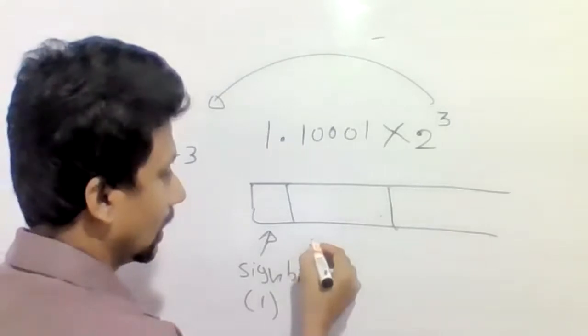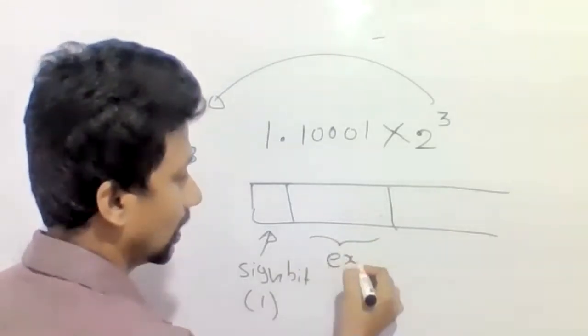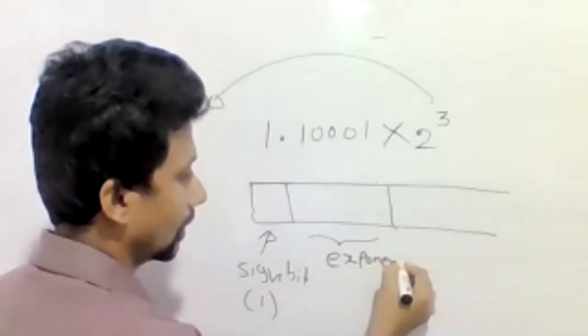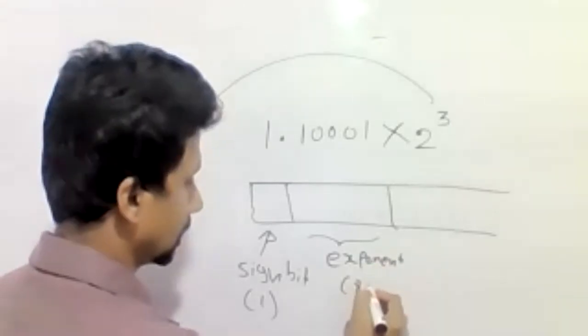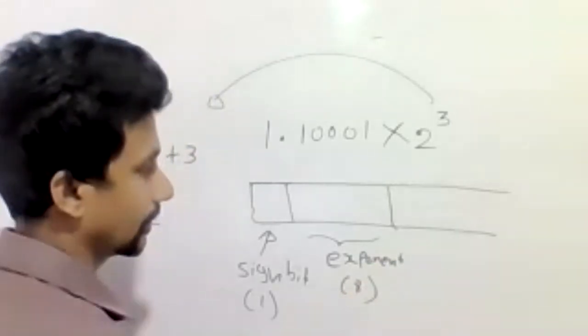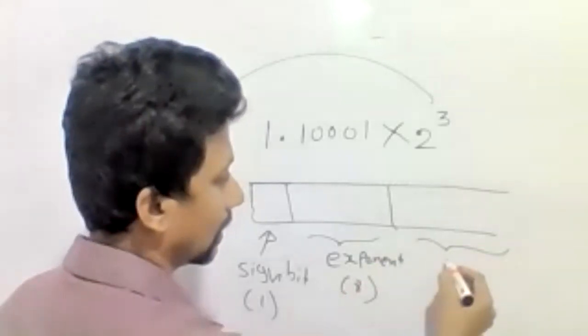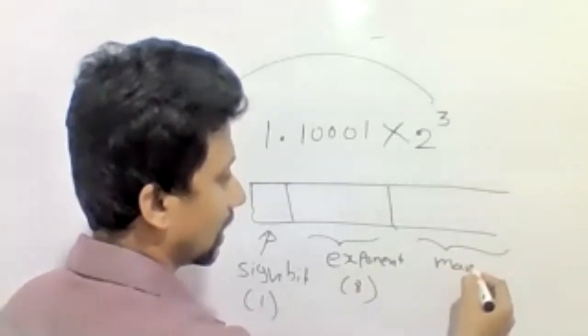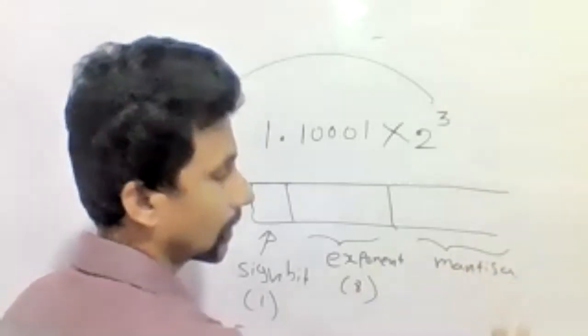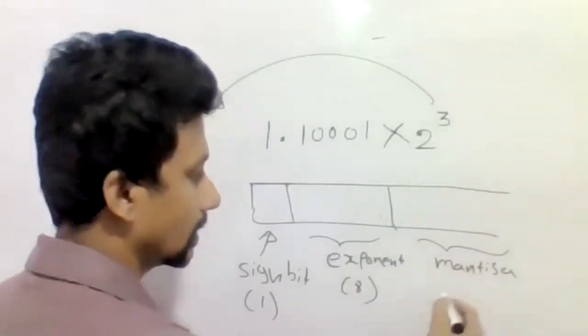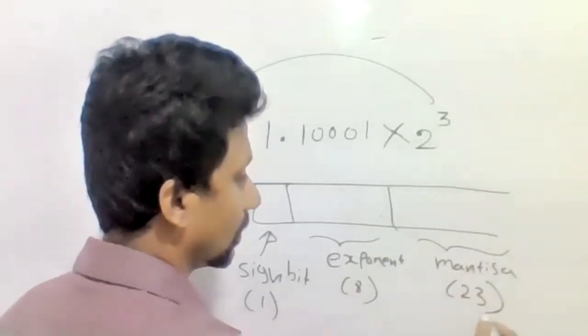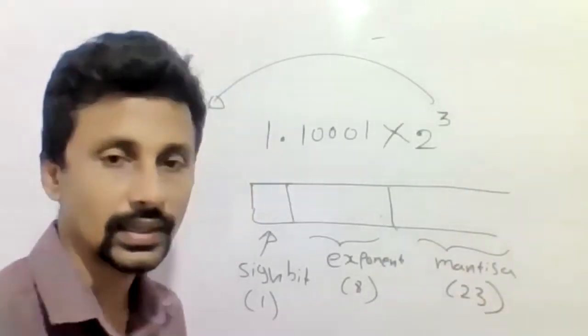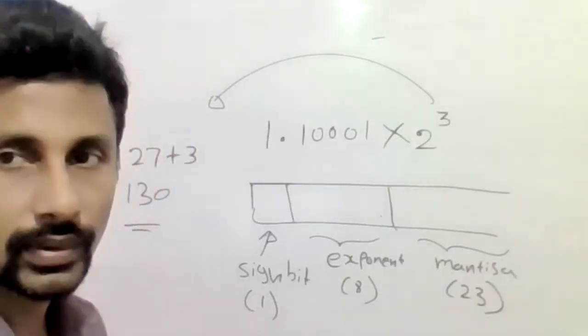Here, this is for the exponent. There you get 8 bits. Here you get the mantissa. That is 23 bits. So altogether 32 bits.